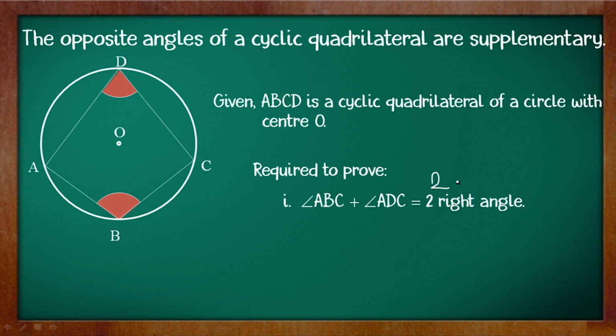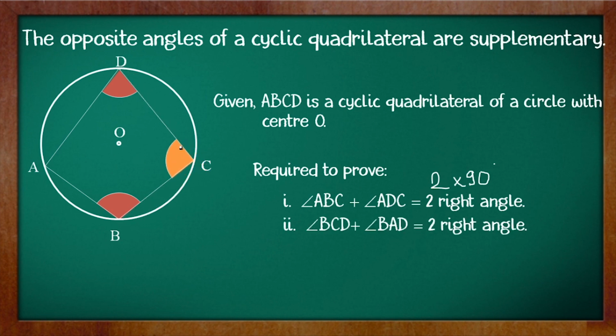So this is 2 into 90, that is 180. But not only that, we also need to prove that angle BCD, this angle here on this side, plus angle BAD, the angle on this side, will be equal to two right angles.